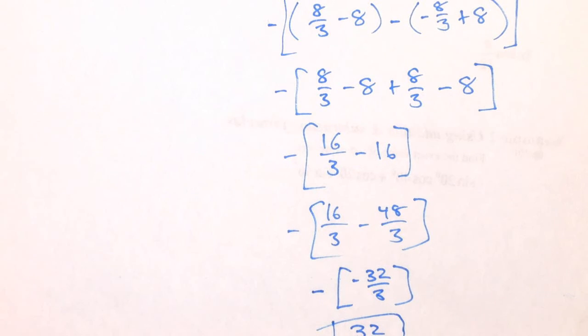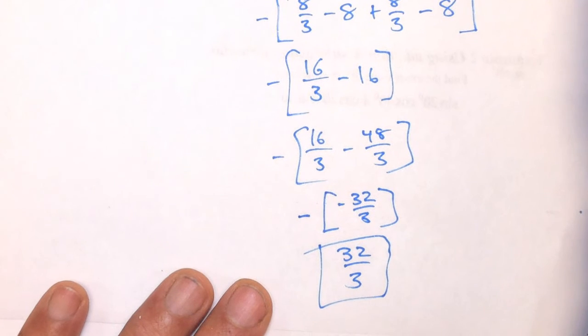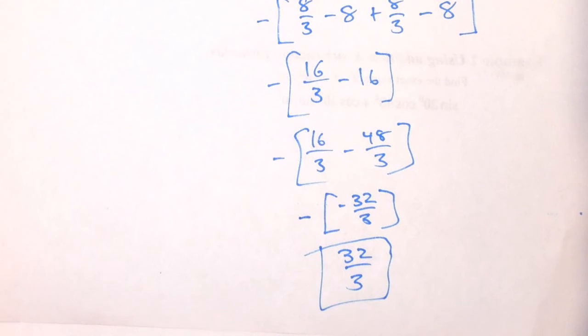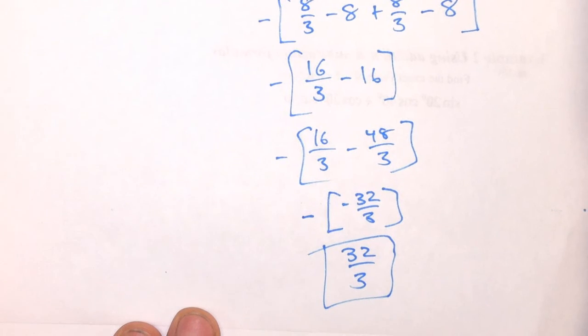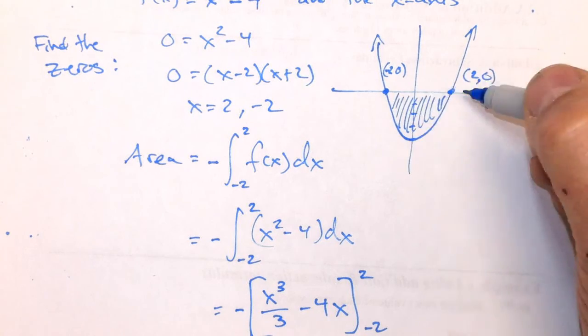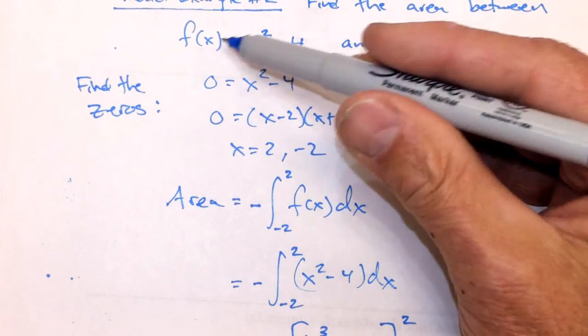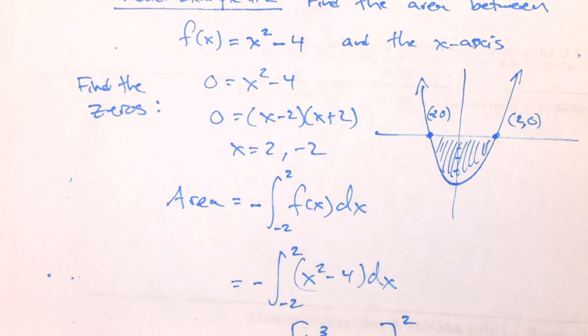Okay, well, good thing we had the negative in there, or we would have had a negative number at the end. We had 32/3, so that's our area between our function and the x-axis. In this case, it didn't tell us what the endpoints were. We had to find those by solving that equation, setting f of x equal to 0, and we got it. I think that's about it.